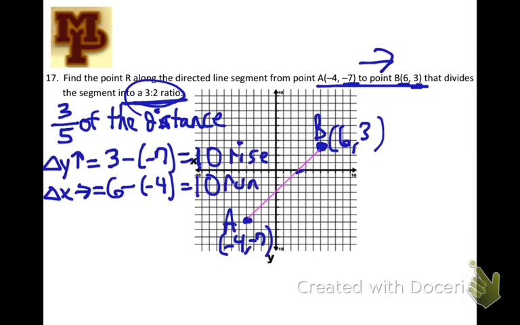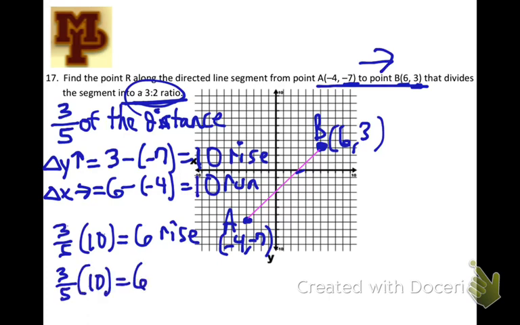Okay, but we want to figure out 3/5 of that distance. So we're going to do 3/5 of 10, and the 5 can cancel with the 10, or you can just use your calculator. So that's going to be 6, and that's the rise. And then we do the same thing with the other one. We do 3/5 of 10, and of course that's 6 as well. So that's the run.